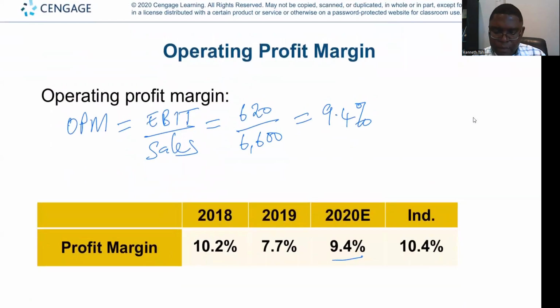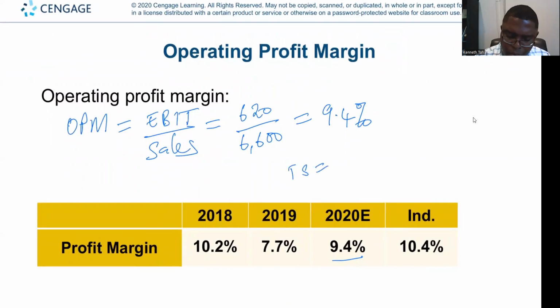And all of this is for the year 2020. So we can again do time series analysis. We see that the company dropped as we move from 2018 to 2019, but there's an increase of operating profit margin. So we can say the company is doing well over time.